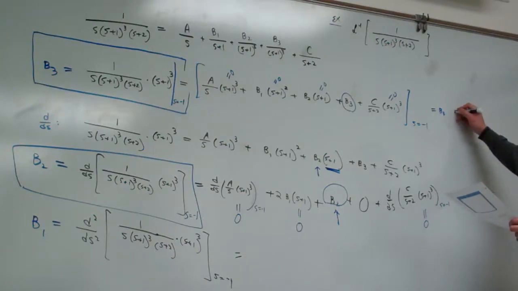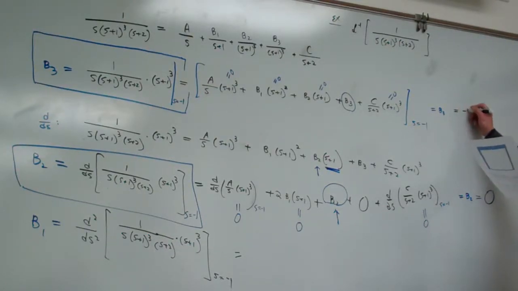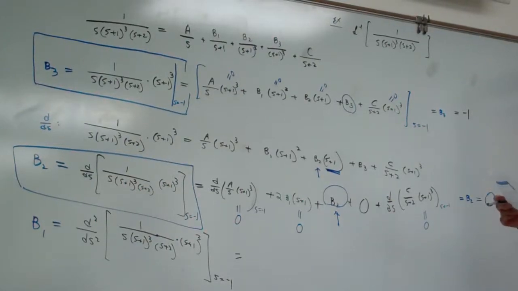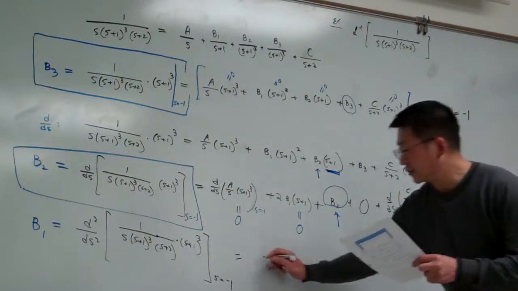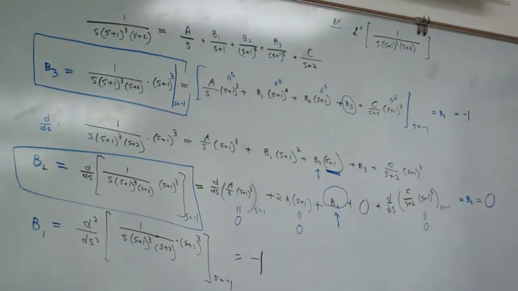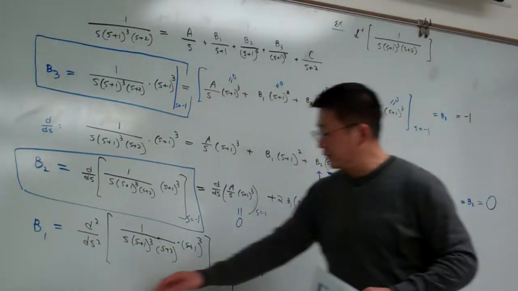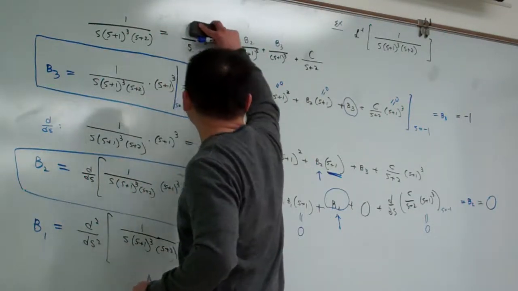B3 equal to minus 1 and B2 equal to 0 and B1 equal to minus 1. Okay, good. So we can have everything replaced here.